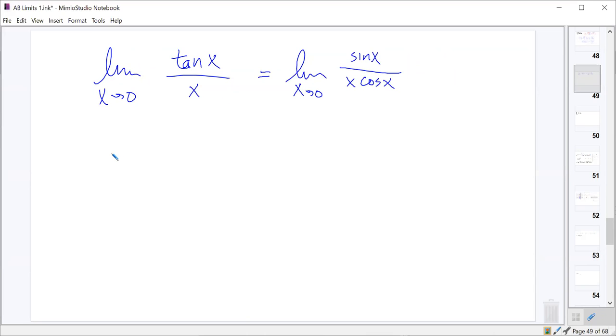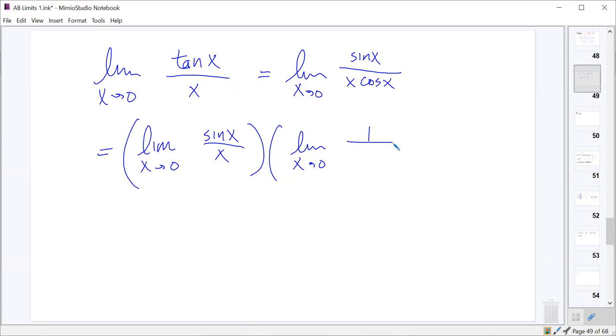So how could I split this one up into two different limits? The limit of sine x over x. Yeah, sine x over x, that's one that I know, right? And what's the other one then going to be? 1 over cosine x. Perfect.